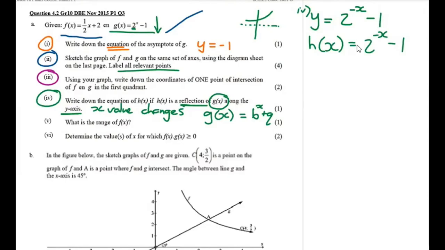Okay, so be careful. It did change. The x value became a negative. So it's not the same as the equation I got before. Yes, you're going to make it a fraction. This is exactly the same as if I changed that 2 to a half, and then all of a sudden the exponent is positive. So they could have asked it for in that format.